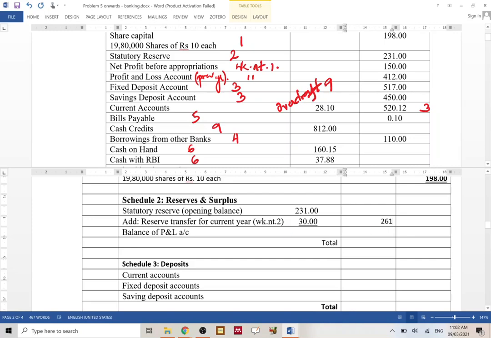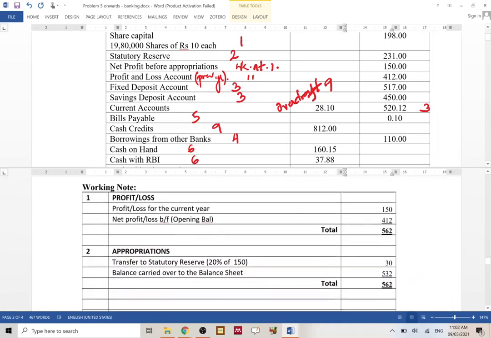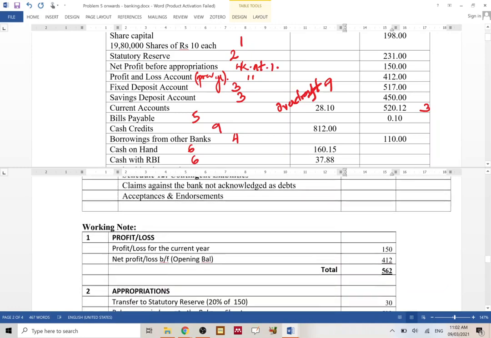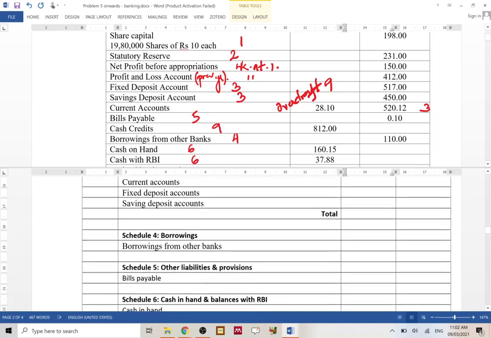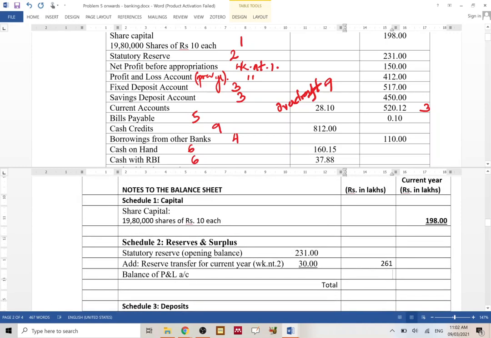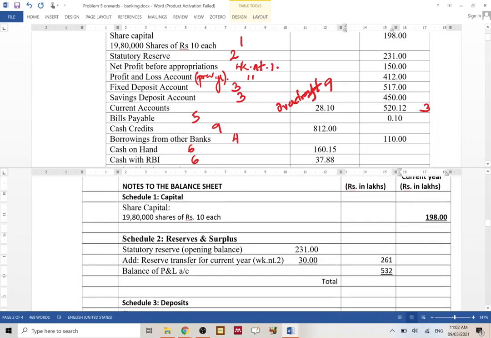Similarly, balance of P&L account, like I said, remaining is 532. Transfer to balance sheet is 532, and we can transfer that over here. Done. So the total, we can put it in the outer column just to distinguish, just so that we find those amounts very quickly, very easily a little later. We are going to add this over here. So 261 plus 532 gives us 793.